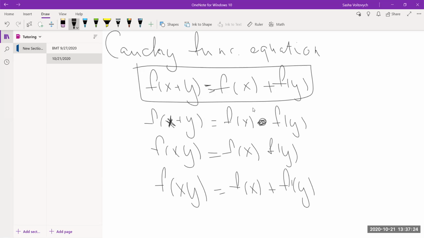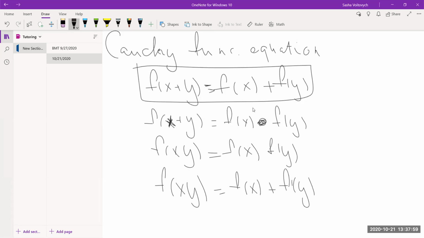An obvious solution would be c times x, but there are many other solutions that look very weird. If you know what a Hamel basis is, it is a basis of the real numbers. We define f at each point of this basis, and then the function obtained will satisfy our Cauchy functional equation. But this is not what we want.